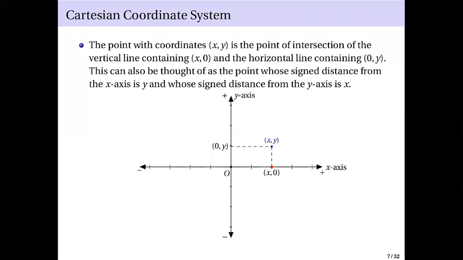You draw a vertical line passing through that x comma 0, and the horizontal line containing the point 0, comma y. If this is your 0, comma y, we draw the horizontal line passing through it. The point of intersection will be labeled as x comma y. So here you have x comma 0, here you have 0 comma y, and this point of intersection will be labeled as x comma y.